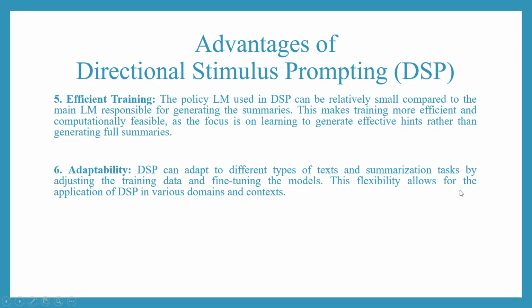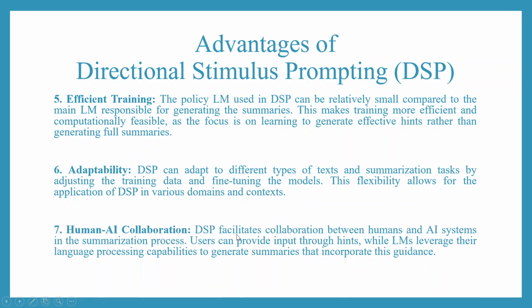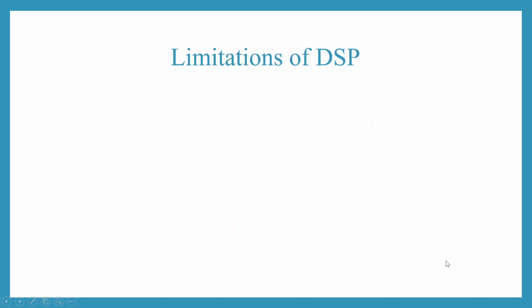This flexibility allows for the application of DSP in various domains and contexts. DSP facilitates collaboration between humans and AI systems in the summarization process. Users can provide input through hints while the language model leverages its language processing capabilities to generate summaries that incorporate this guidance. Limitations.